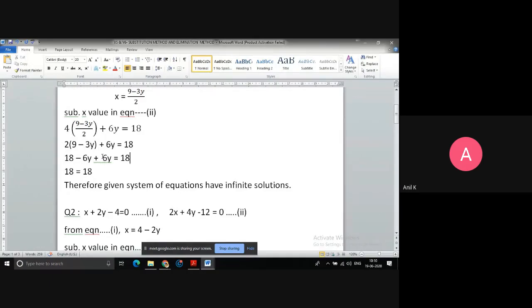Now here minus 6y and plus 6y are getting cancelled. Then I get 18 equals 18. As we already discussed, the equality holds, 18 equals 18, which is a correct condition, but I cannot get the x value or the y value because they are getting cancelled. This is the case which arises when a system of equations has infinitely many solutions.